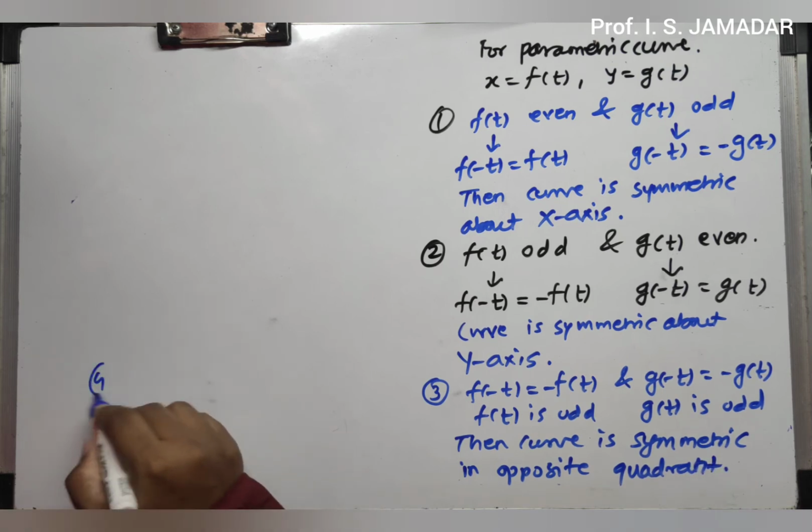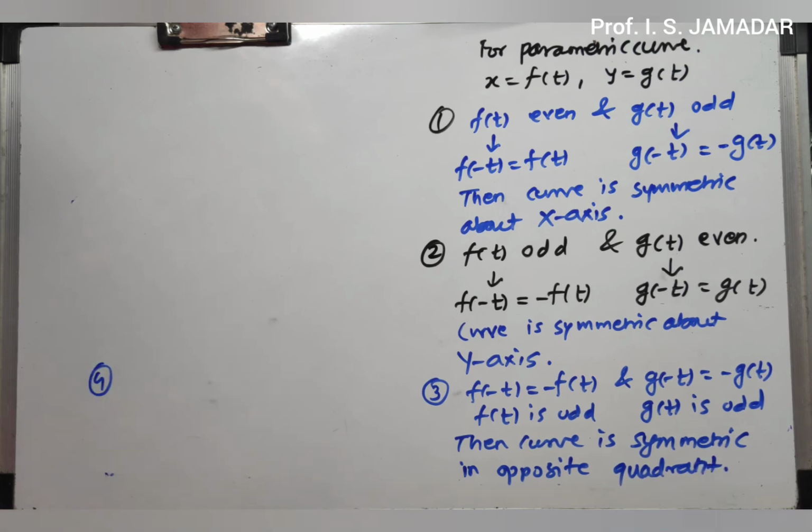Okay. And the last rule for parametric: if we replace t by pi minus t, and after this replacement y is unchanged, meaning g of t remains unchanged and f of t changes in sign.